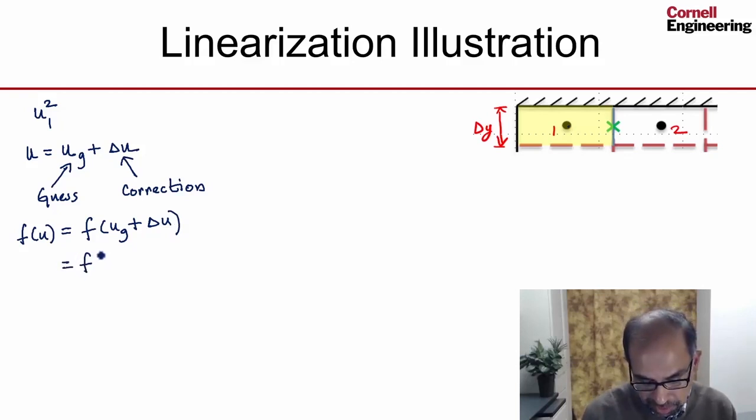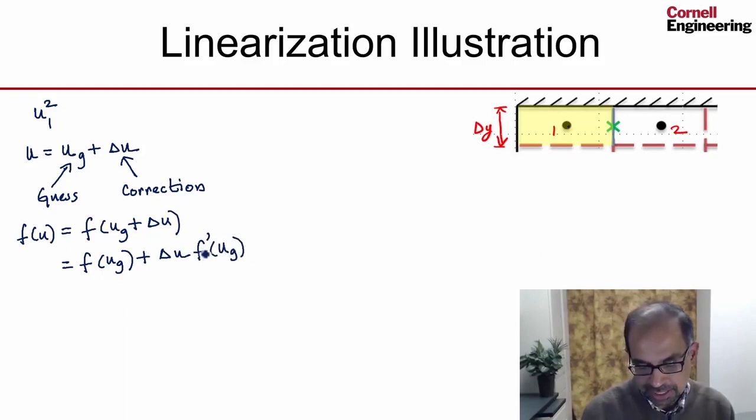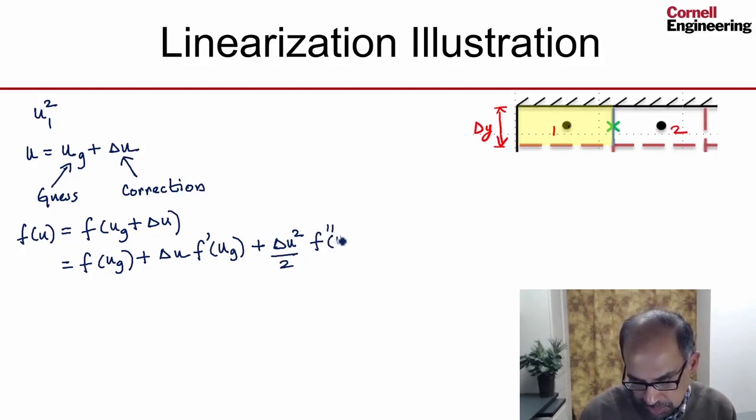So I'll get f of u guess plus delta u times f prime of u evaluated using the guess. So that's nothing but the derivative of f with respect to u, plus delta u squared over 2 times the second derivative of f with respect to u, again evaluated using the guess, plus higher order terms.